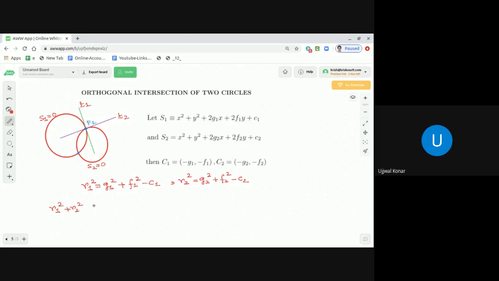So if it is R1 square plus R2 square, what we are going to get is G1 square plus F1 square minus C1 plus G2 square plus F2 square minus C2, correct?